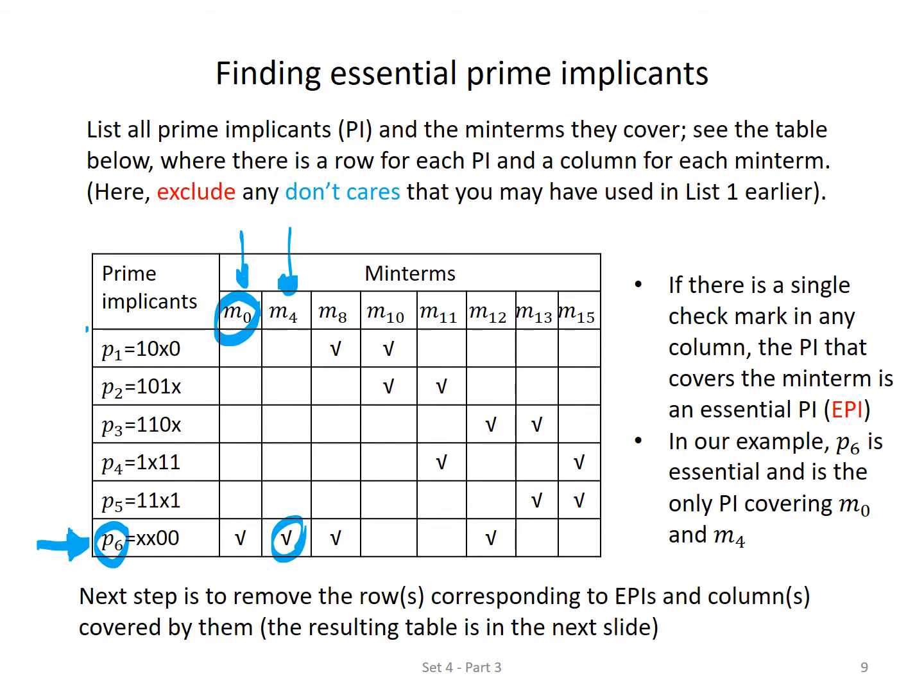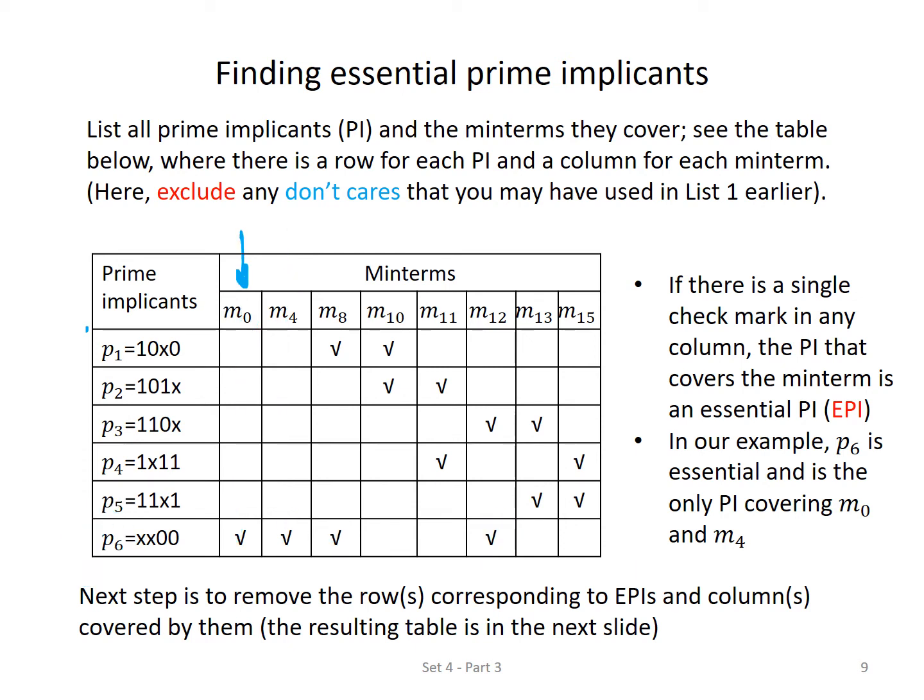That means P6 is already covering M4. P6 is also covering M8 and M12. But if you look at all the columns, there is no other column, other than this column and this column, where we have a single check mark. So for this particular example, P6 is the only essential prime.